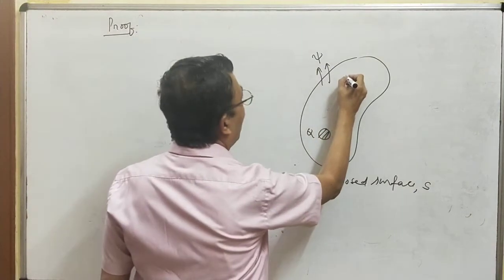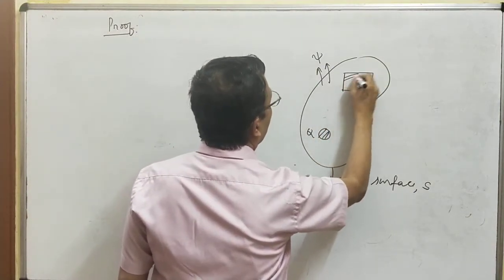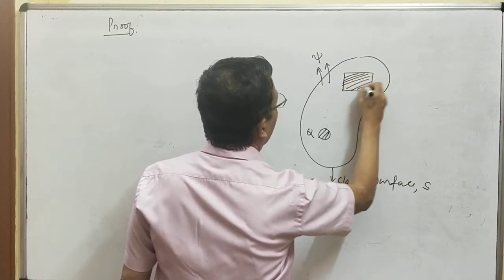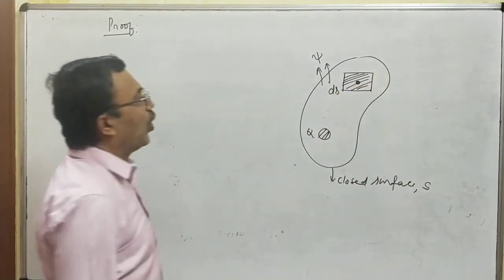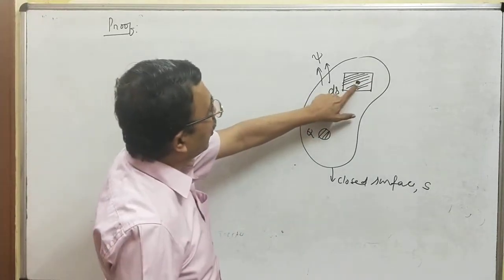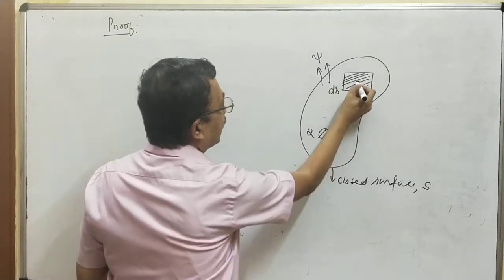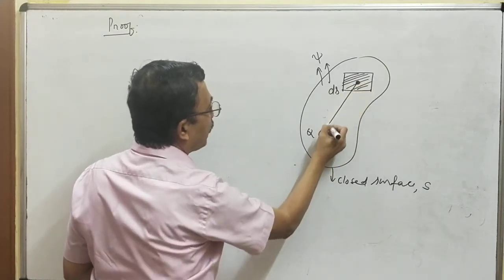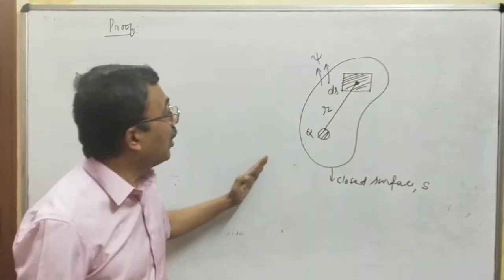I take a small elemental area. This elemental area is ds. P is the midpoint of this elemental area, indicated by a dot here. The distance between the midpoint of ds and charge Q is r. If you keep 1 coulomb charge at point P, it will be repelled.